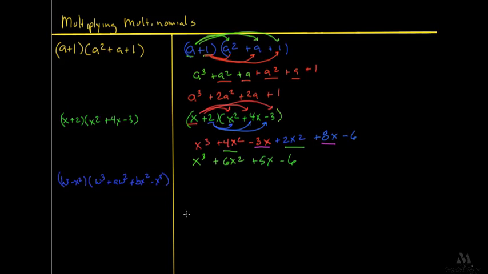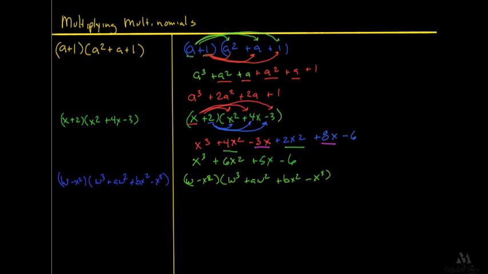We've got 4 terms in here. Everything is going to apply like normal. I'll rewrite this: w minus x squared times w cubed plus aw squared plus bx squared minus x cubed.